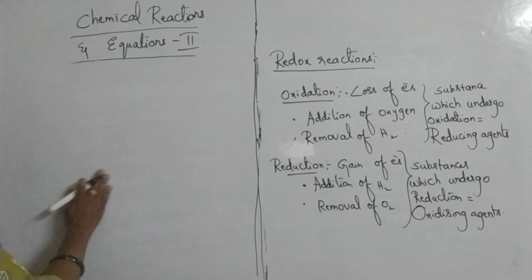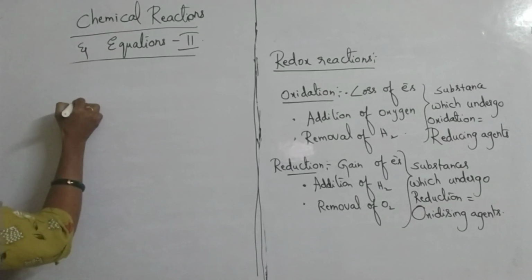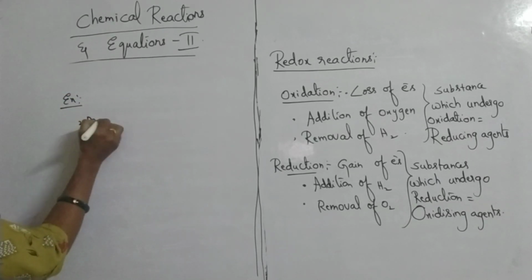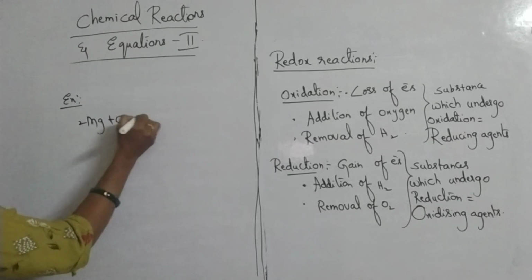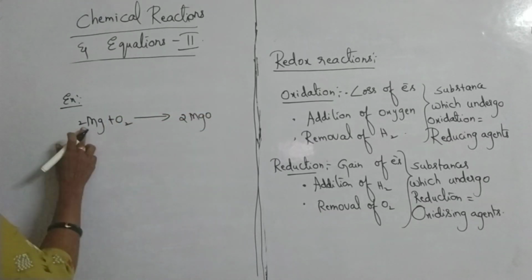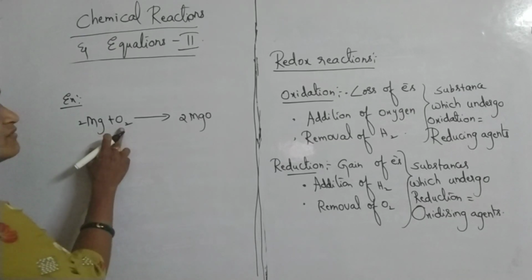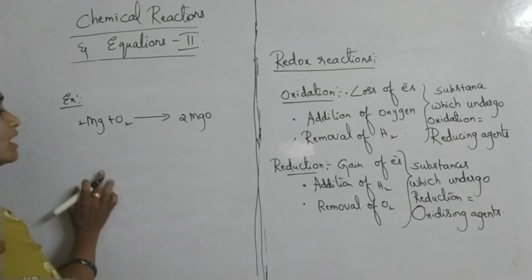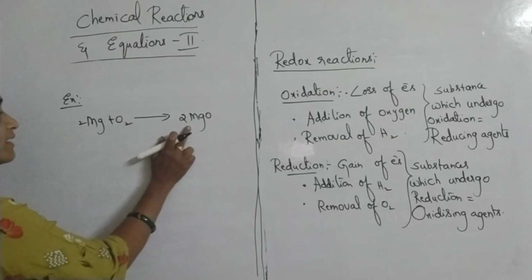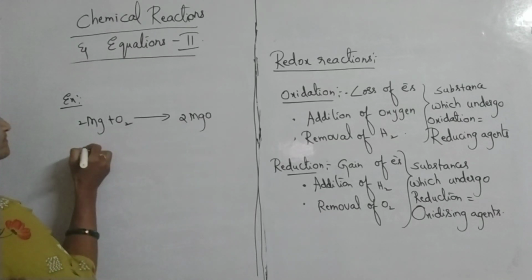Let us take an example: 2Mg plus O2 gives rise to 2MgO. Here magnesium is added with oxygen, so magnesium is converted into its oxide. So it is oxidized.